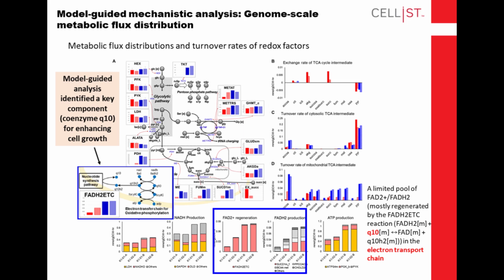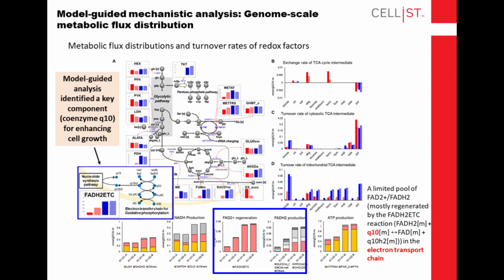Low regeneration of the FAD, FADH, specifically in medium A, suggested that we should focus on the electron transport chain, which is the left window. The left blue square shows the electron transport chain. This analysis identified the key component, coenzyme Q10, and suggested this component for enhancing overall cell growth.